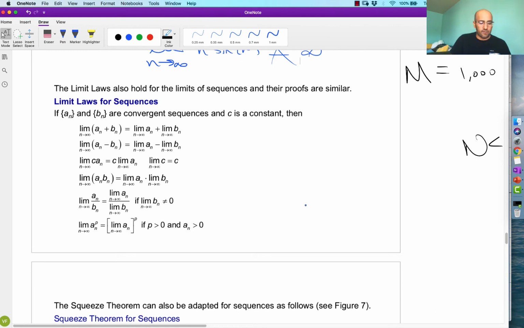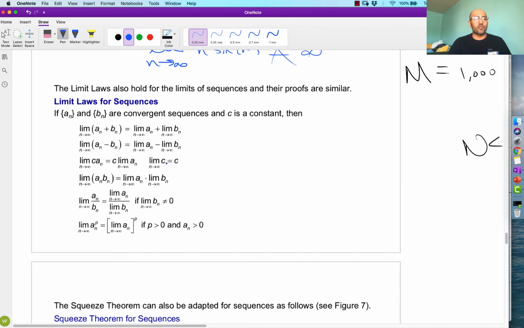So the limit of a summation is equal to the summation of limits. The limit of a difference is equal to the difference of limits, right? And if we have a constant, the limit of a constant times A sub n, we can factor out that constant, and it's equal to the constant times the limit of the sequence.